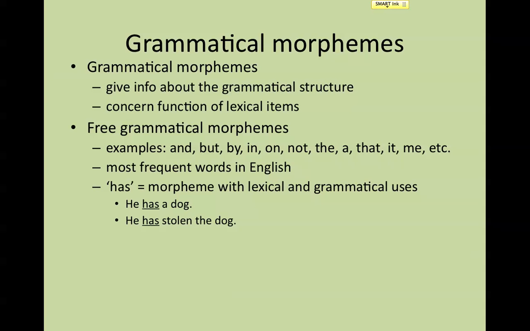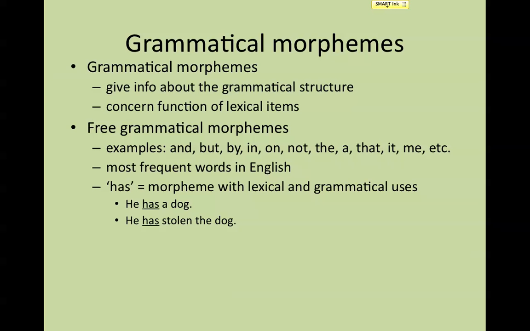But 'has' is a morpheme with lexical and grammatical usages. This is interesting in that you could have the same word, but it's used differently. For example, in 'he has a dog,' it takes on a lexical use because it conveys meaning, which is showing possession.